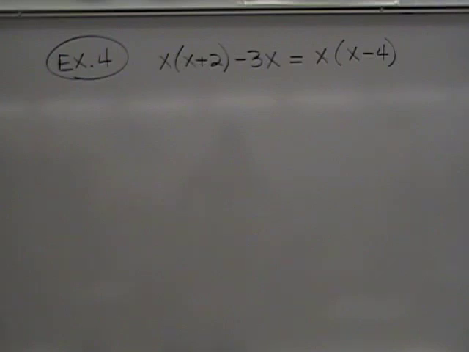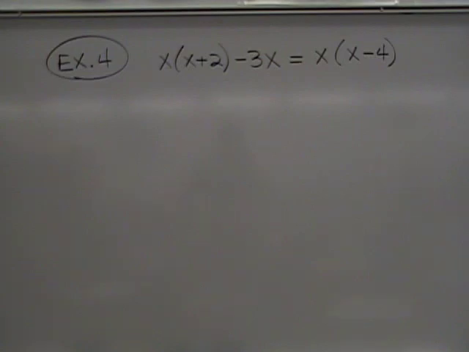We've got that x as the monomial sitting outside the parentheses. So we're going to have to use the distributive property to multiply that x times the x plus 2. Then on the right side, we have the distributive property happening again, don't we? We've got the x being multiplied times the parentheses x minus 4.